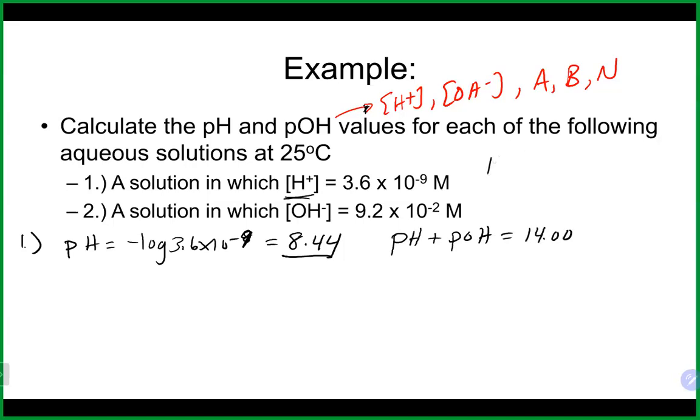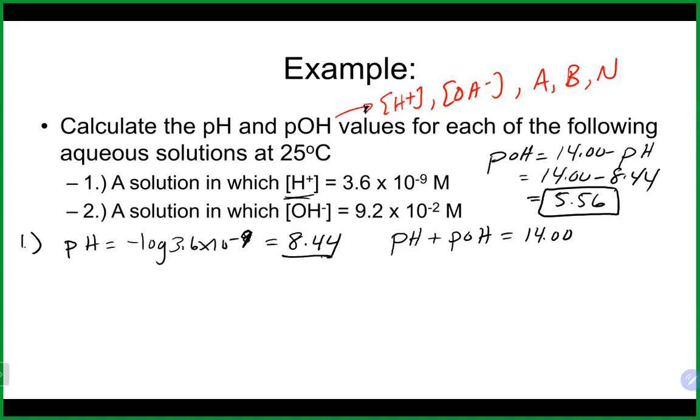That would mean in this case, the pOH should equal 14 minus the pH. That would give us 14 minus 8.44, and that would then be 5.56 in this case. Any questions so far?